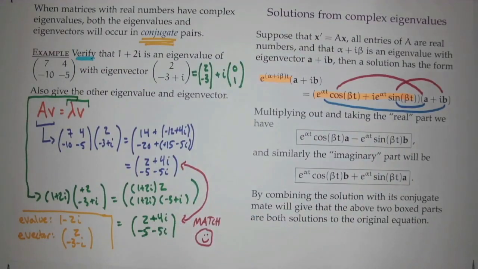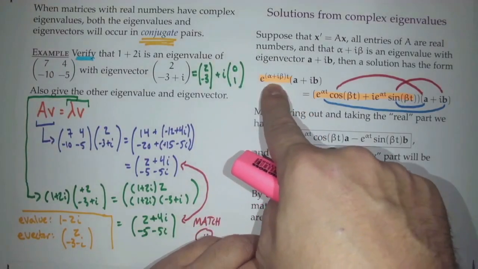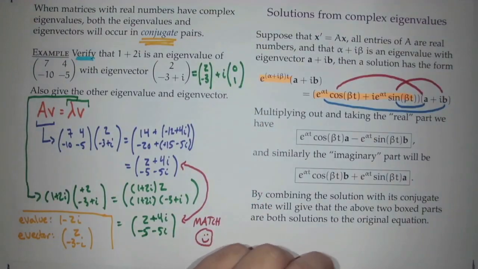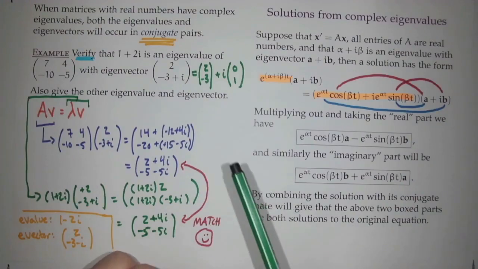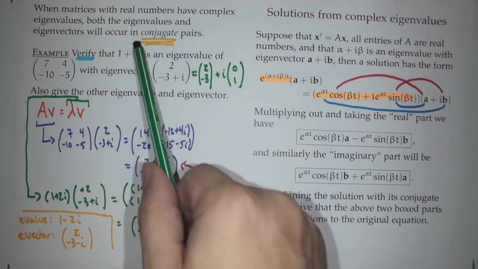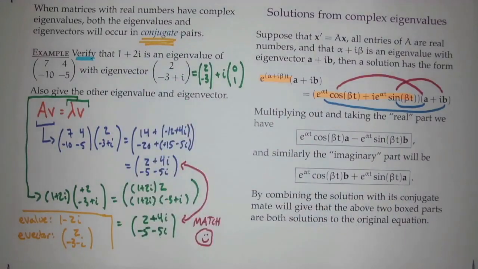And now the punchline says, hey, remember this is just one solution. There's a second solution out there. What's the second solution that's out there? Conjugate one, right. So the solutions come in pairs.